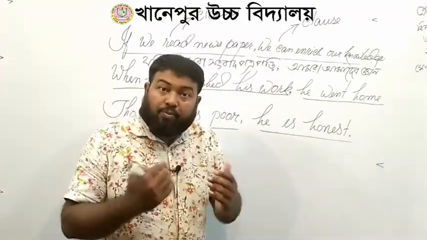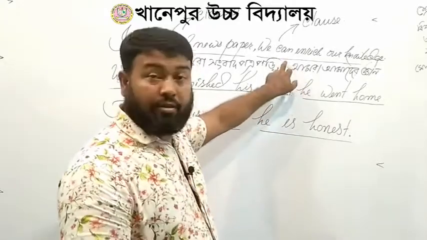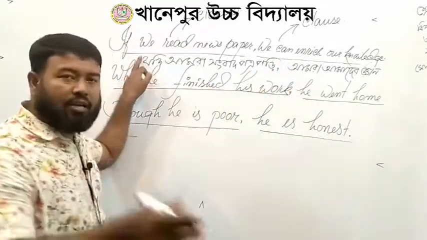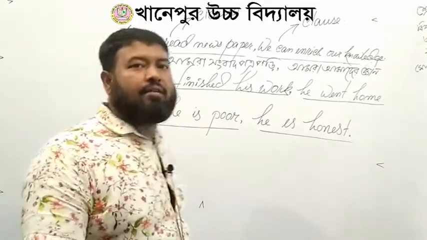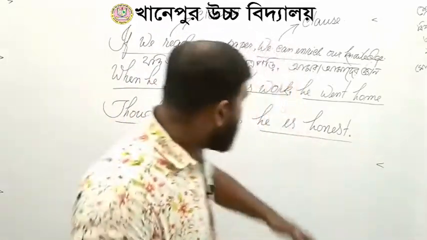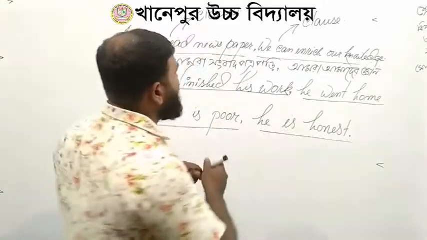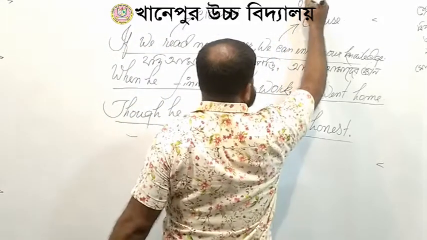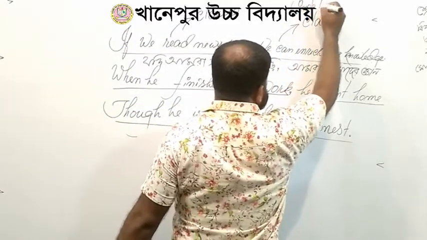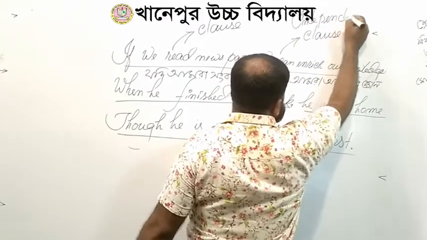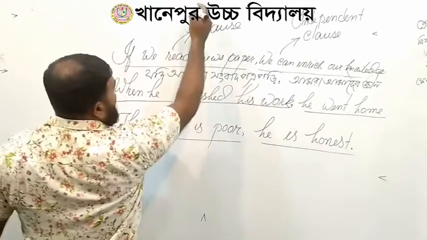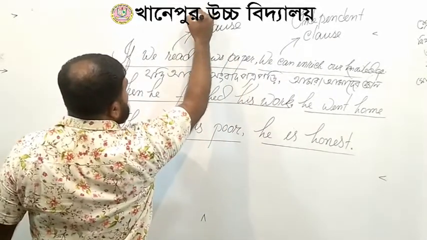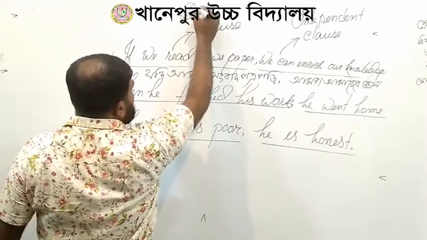It can express the complete sense alone, but this one cannot do that. So, according to English grammar, it is called the independent clause, and it's a dependent clause.